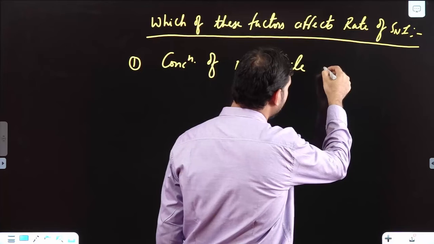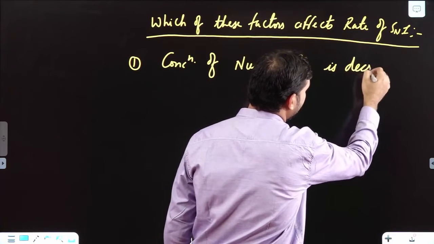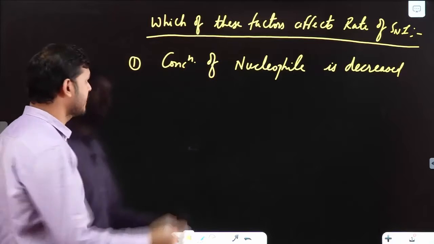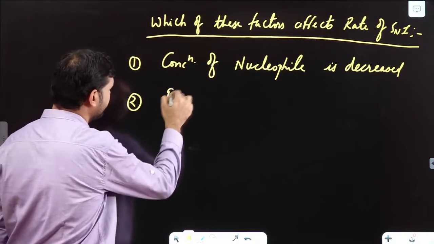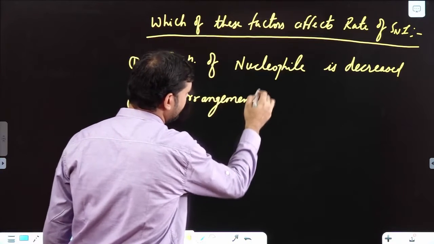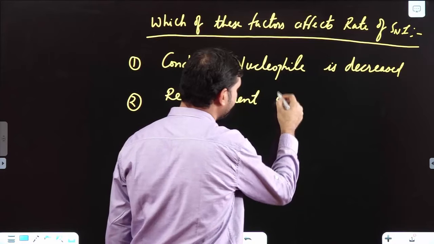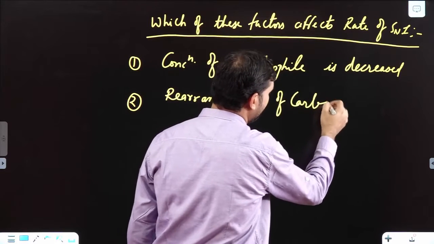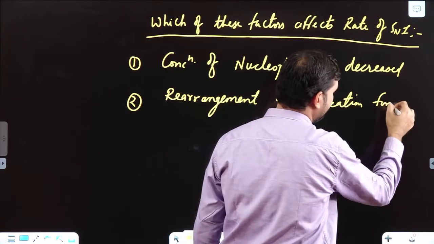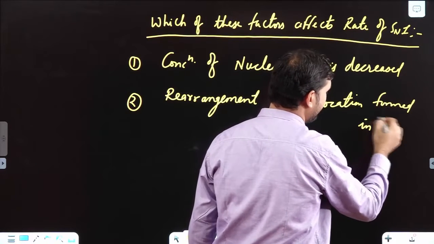Concentration of nucleophile is decreased, or when you say 10 times decreased, first case. Second, rearrangement of carbocation formed in SN1.